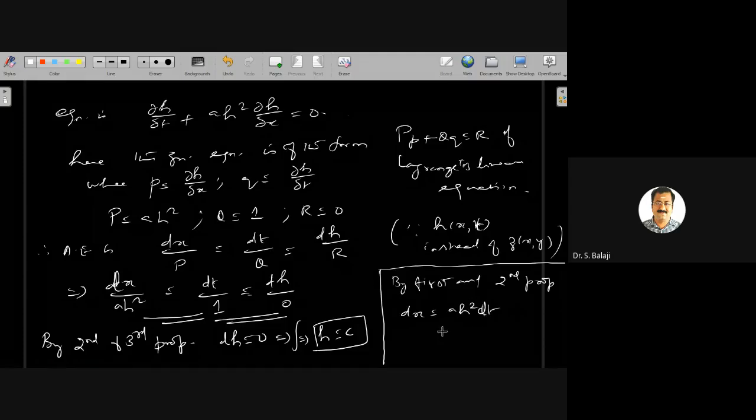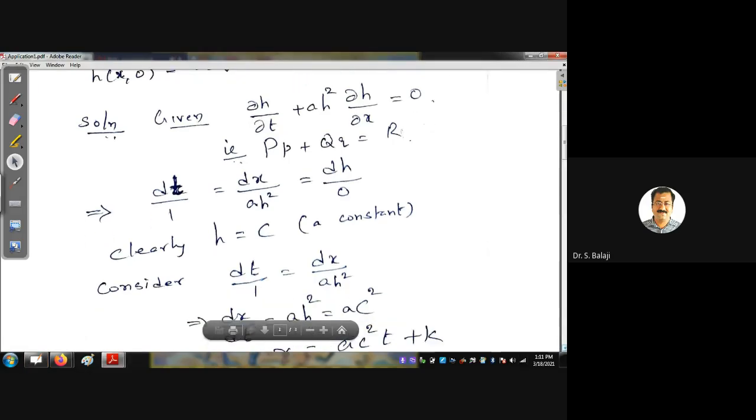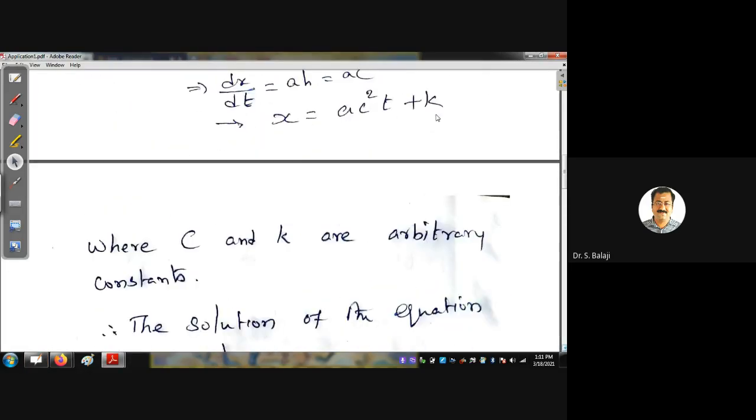But h you can write as c, so a c square is constant here, dx is equal to a c square dt, or you can get x is equal to a c square t. From this you have to identify the solution: x is equal to a c square t plus k, where c and k are arbitrary constants.